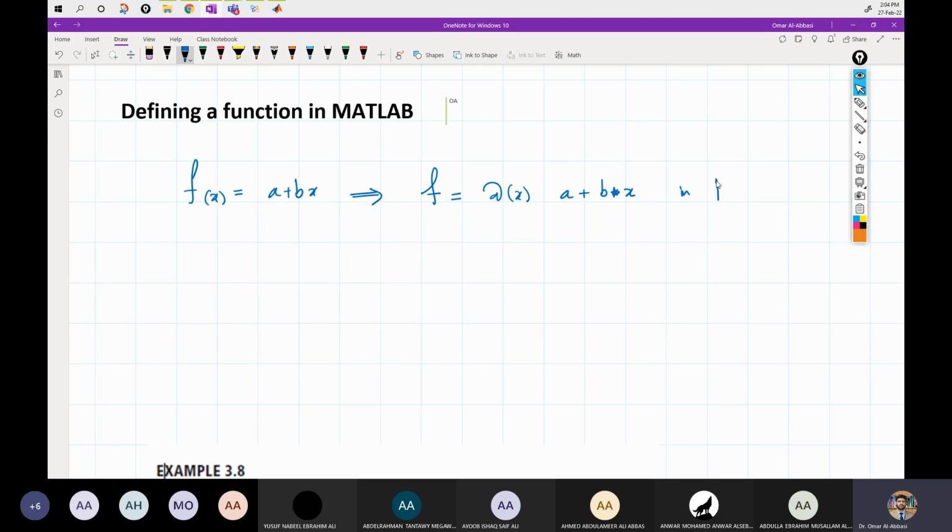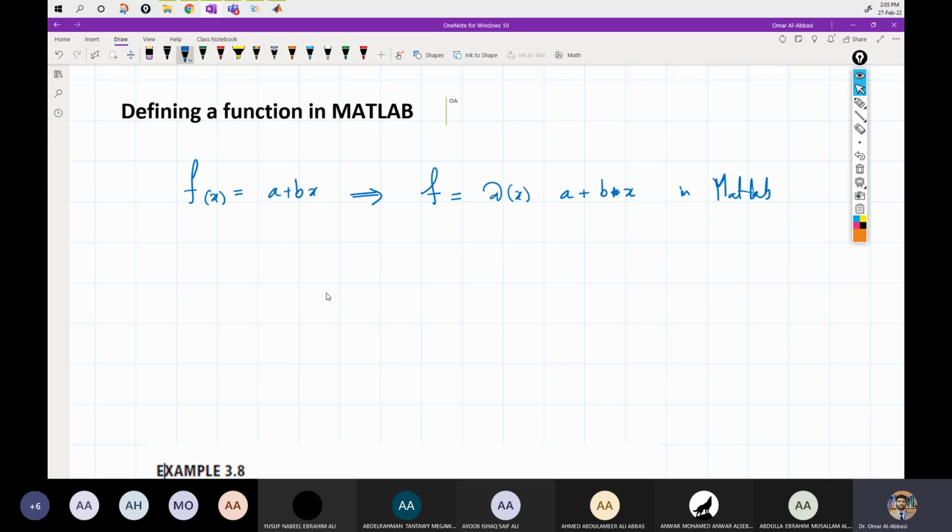This is how we write it in MATLAB, okay? If the function had multiple variables, let's say x and y, then how would you write it? F at x comma y, then write the function that you have, and so on. Okay? And so on. All right.